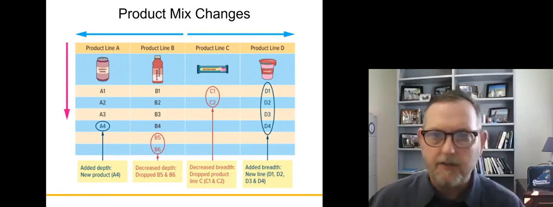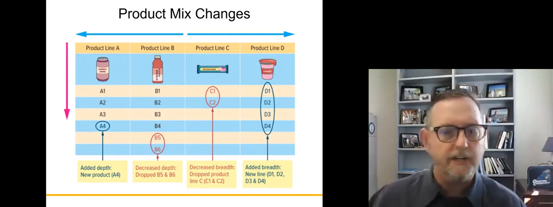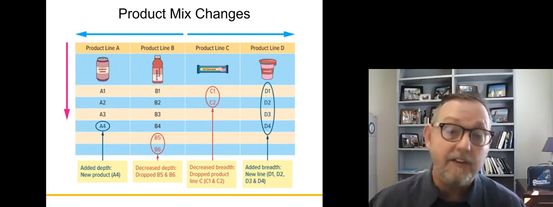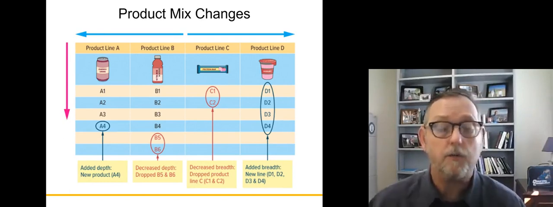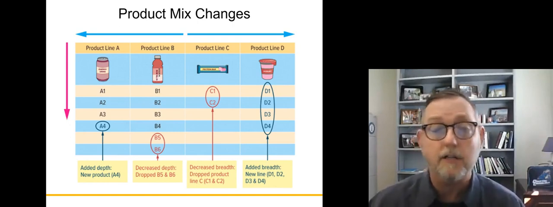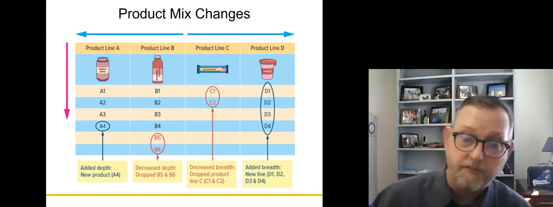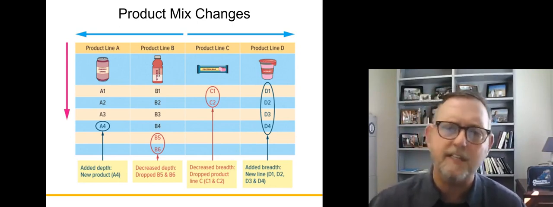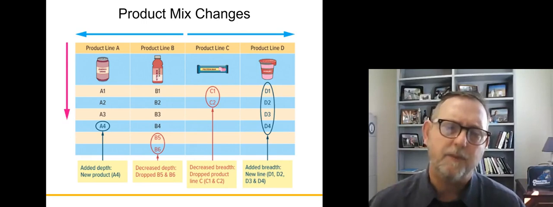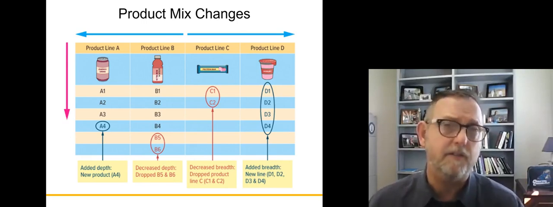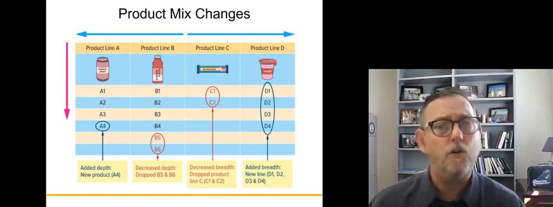Okay, another way to show this is just another image of a bigger chart and more of a graphic, where we have in product line A, for instance, we're adding a product, so we're adding depth. That's a line extension. In product line B, it looks like it's vitamin water. There's a drop here. So sometimes we see this, like in beverages, you might have lots of different flavors of beverage, and it might just get out of hand.